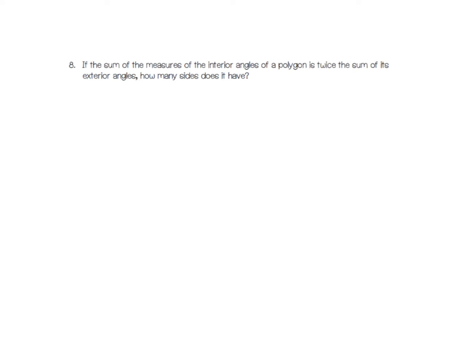Number 8, if the sum of the measures of the interior angles of a polygon is twice the sum of its exterior angles, how many sides does it have? All right, so we know, again, the sum of the interior is 180 times n minus 2. We know the sum of the exterior is 360. But it's saying we have more of the interior, right? So what I really need to do is double the exterior to match the fact that the interior is doubled.